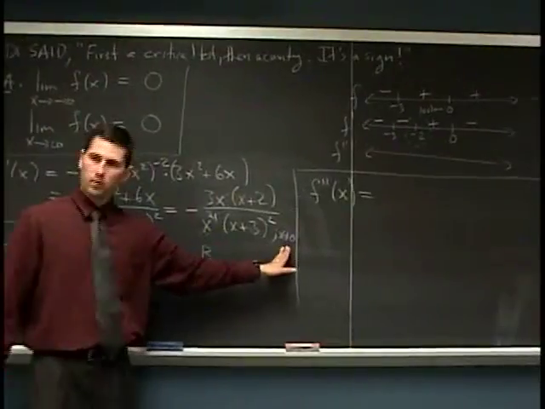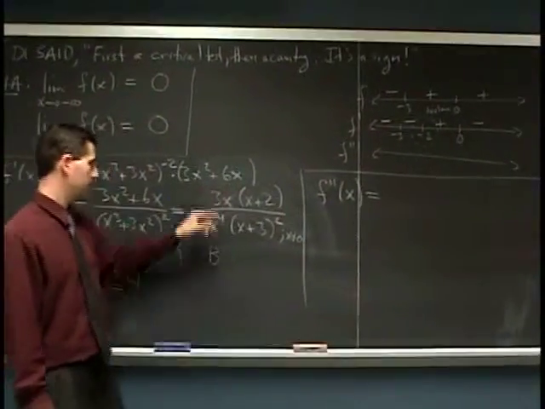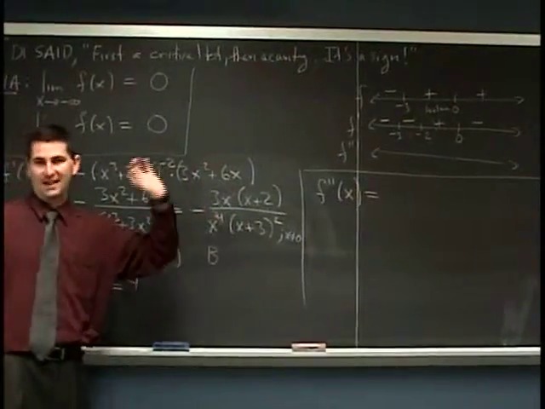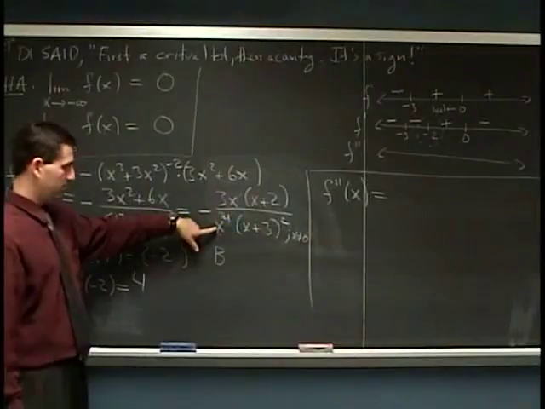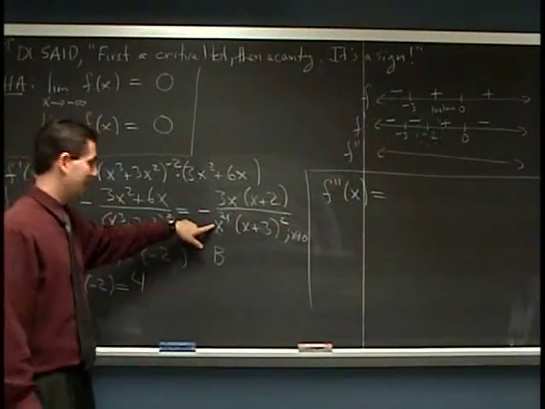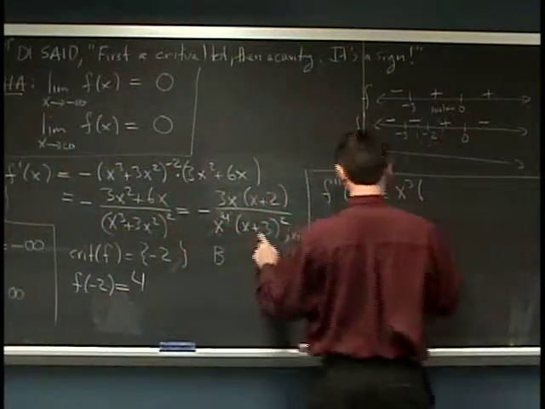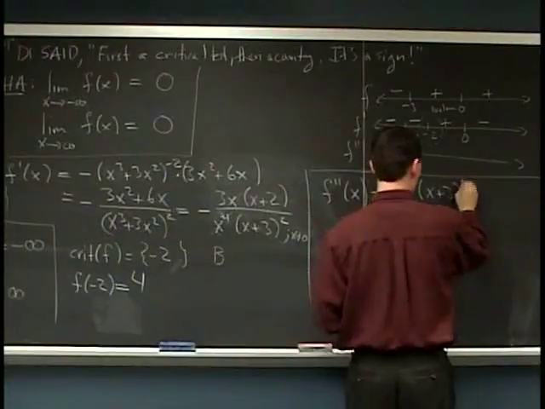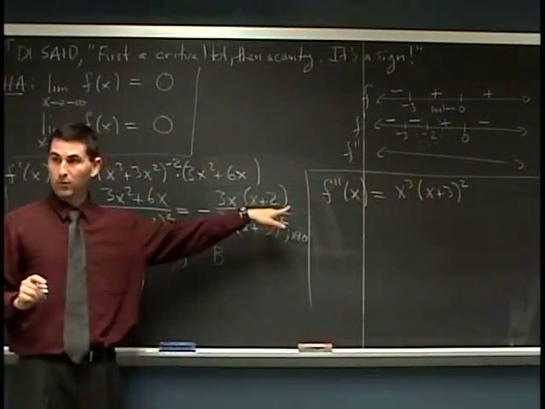As long as we're away from 0, I can do this division, no problem. That should simplify things just a tad. Okay, so I have to use the quotient rule. I do low, x cubed, times x plus 3 squared, d high. Now it's helpful because I just have 3 times x plus 2.